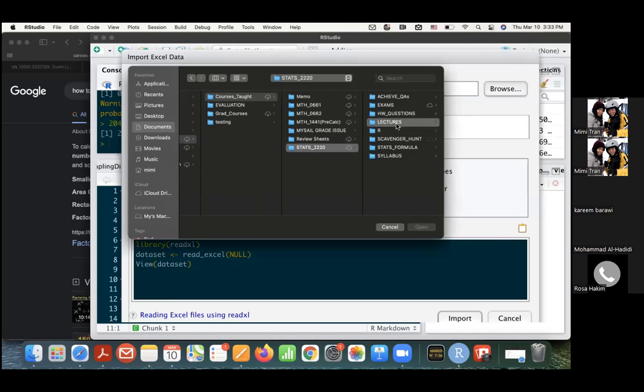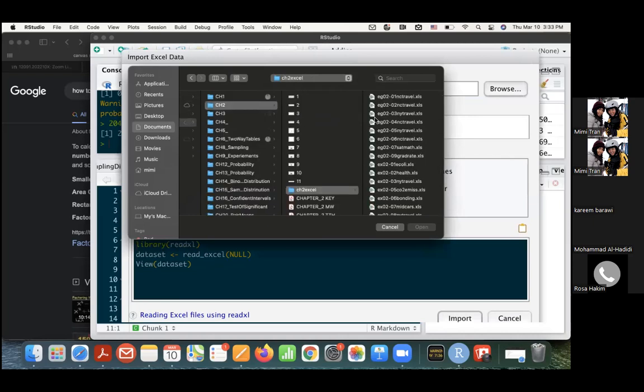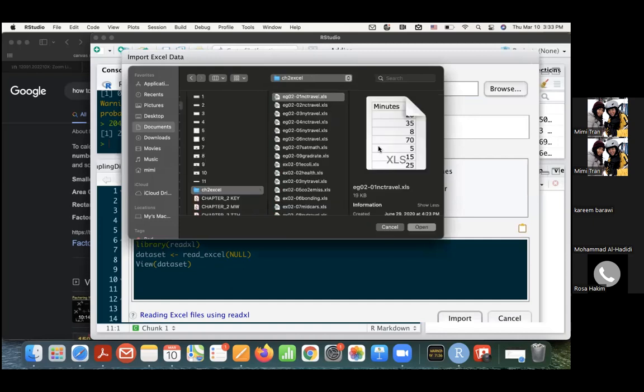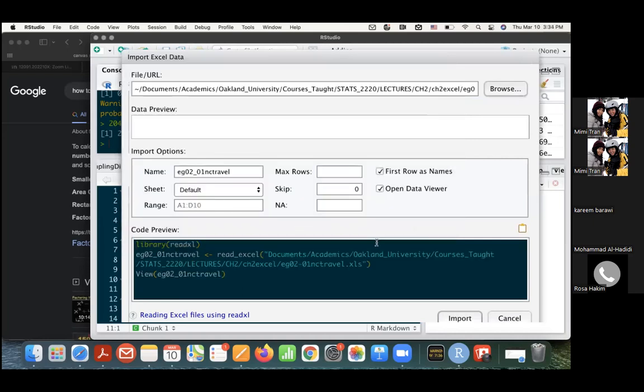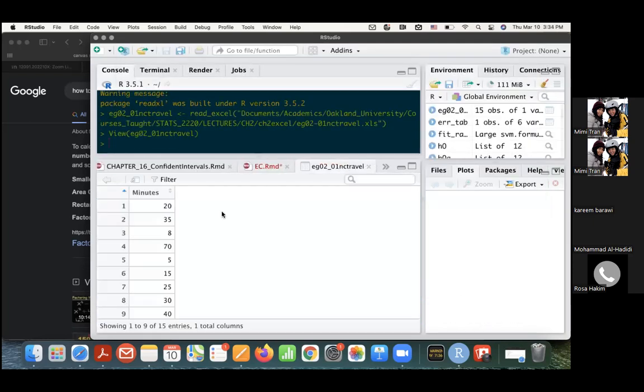It's this lecture, chapter 3. Do I have some? Chapter 2, right here, I have some. I'm just gonna pick one. I suggest you move the data set into your folder, the R folder. Open. Don't do anything else. Let it run its course and then import. Right there. The data set.